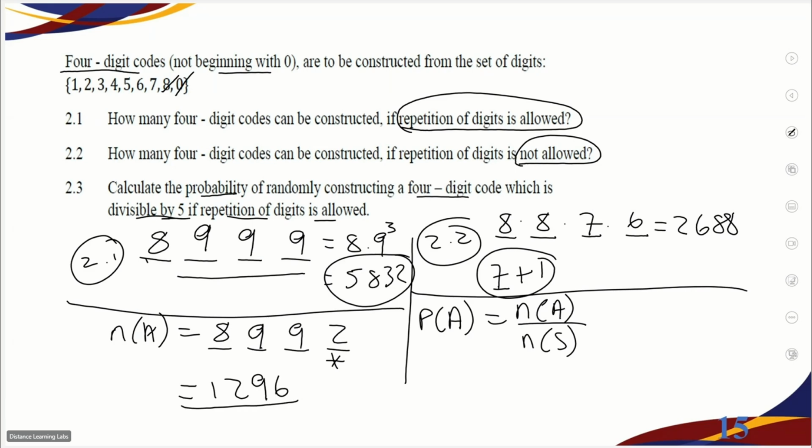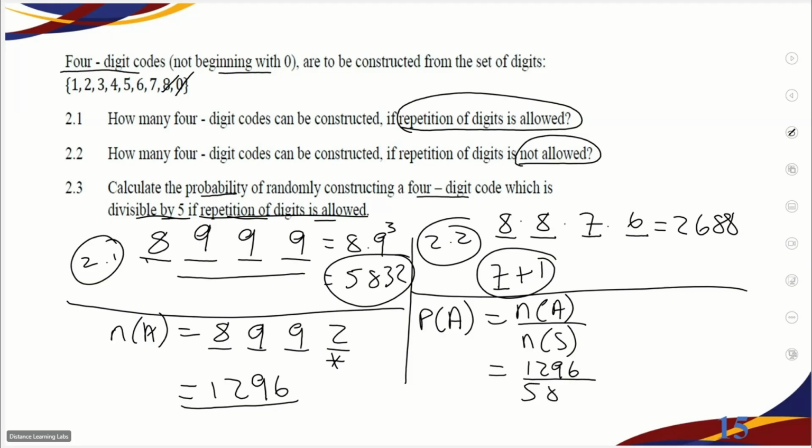Therefore, the probability of that event is the number of possible outcomes, 1,296, divided by the sample space. The sample space is you writing those codes where repetition is allowed. We had those 4-digit codes if repetition is allowed, and our sample space was 5,832.